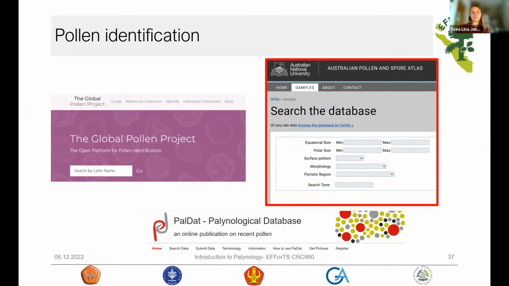And here you can actually put in, for example, how long your equatorial axis is, what surface pattern you identified. You can maybe still say the morphology, which here means the amount of apertures. You can even specify the floristic region, which would be Southeast Asia here. Or you can simply search for a pollen type from one genus that you can put here into the search term.